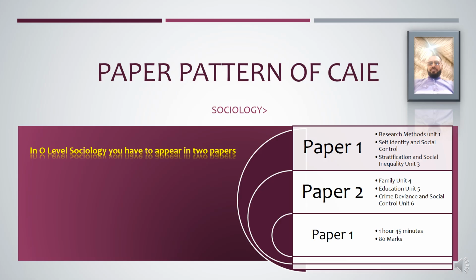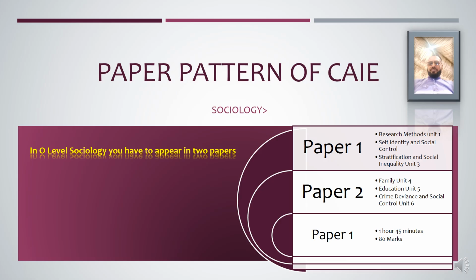For paper two, you have to prepare again three chapters, and that is unit 4 family, unit 5 education, and unit 6 crime, deviance, and social control. Now, section A of paper 2, question number 1, comes from family.